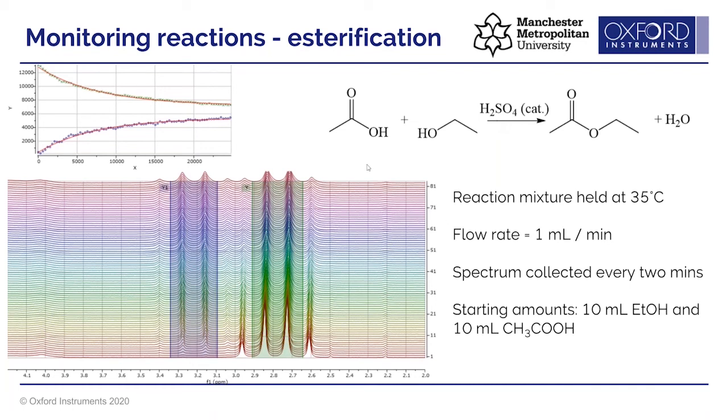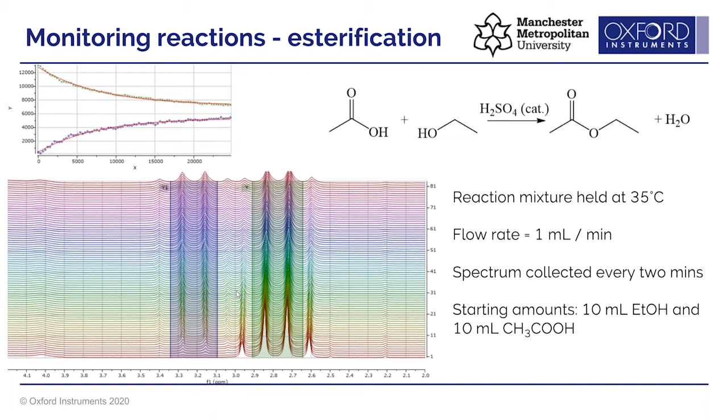What we've got down here are a series of 1D proton NMR spectra that show the differences in the reaction mixture. I'm flowing this around the system and interrogating it using radio frequency pulses to see how the mixture changes over a period of time.